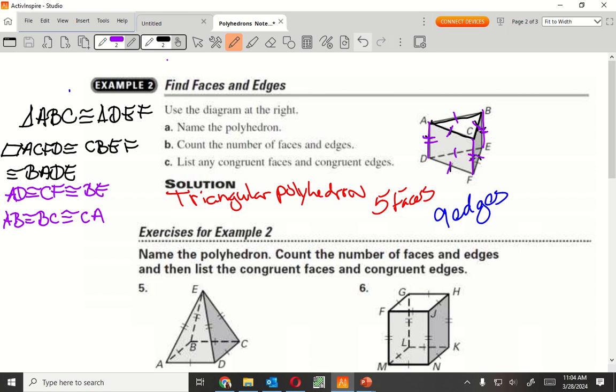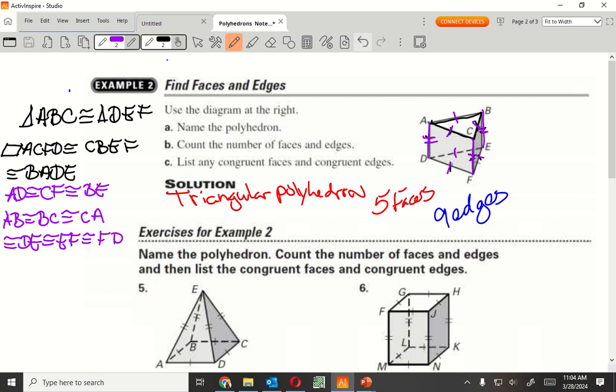So those are also going to be congruent to DE, so DE congruent to EF, congruent to FD. So a whole lot of stuff congruent here.